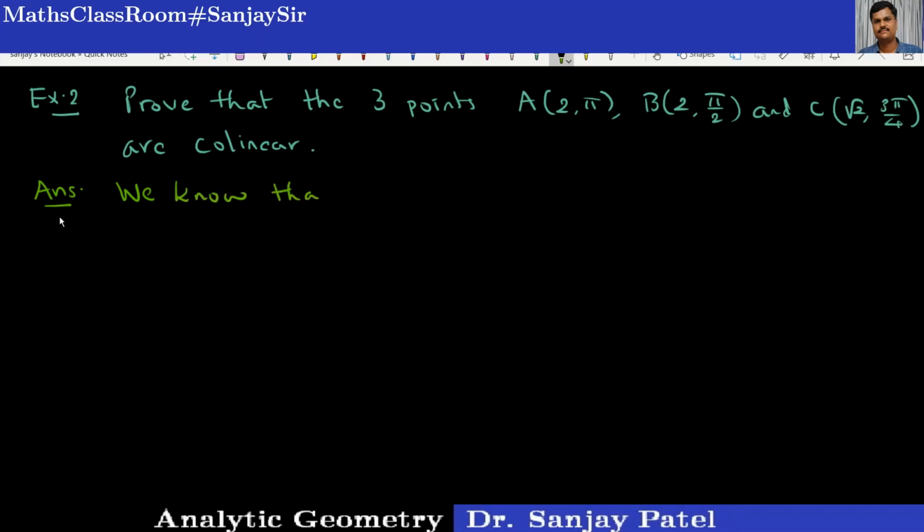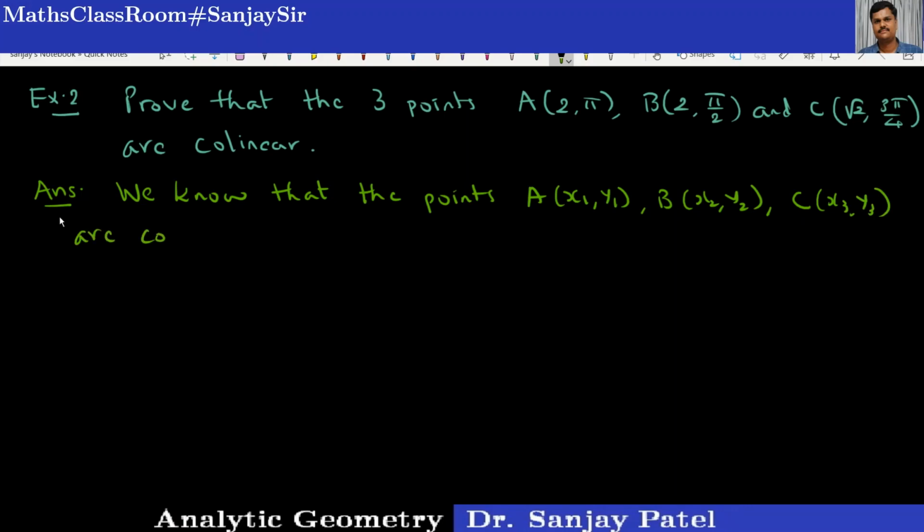We know that the points A x1 y1, B x2 comma y2 and C x3 comma y3 are collinear if and only if this determinant x1 y1 1, x2 y2 1 and x3 y3 1 is equal to 0.